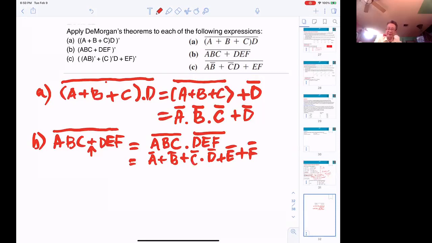In order to do that, ABC still has a not over, DEF has a not over. Plus. But then on the next part, when you break ABC, shouldn't that be in a bracket?